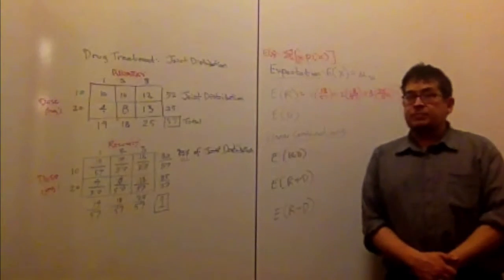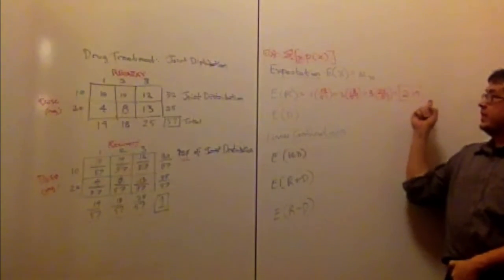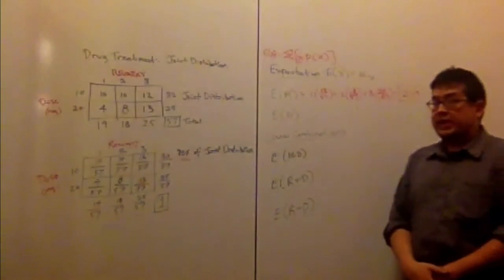If you do this mathematics with a calculator, you'll find that E of x is 2.19.